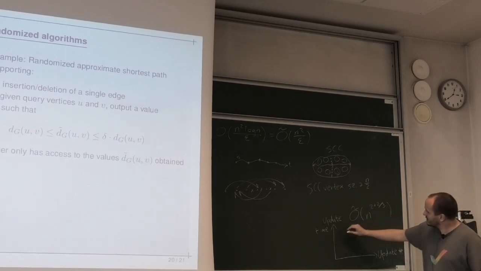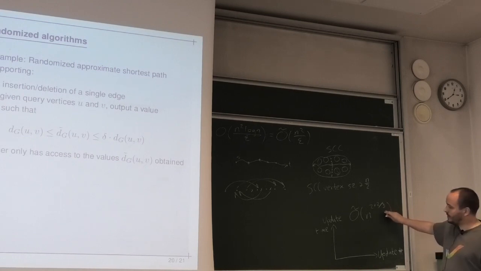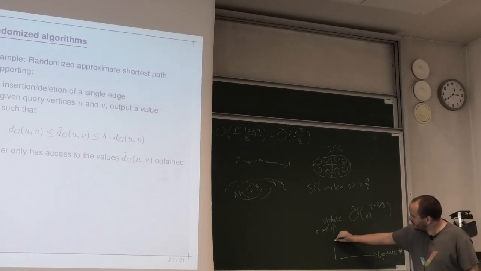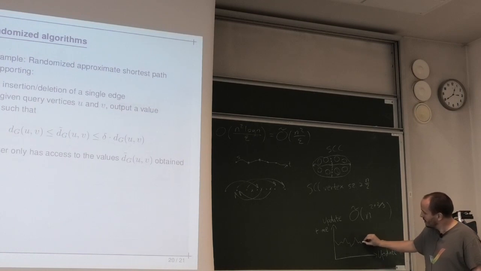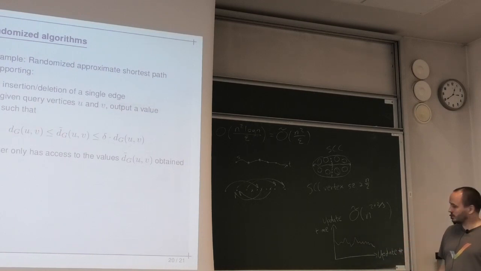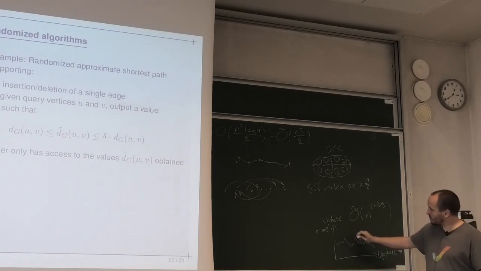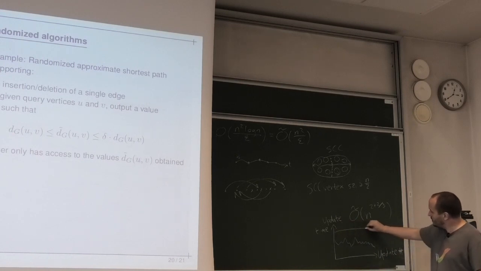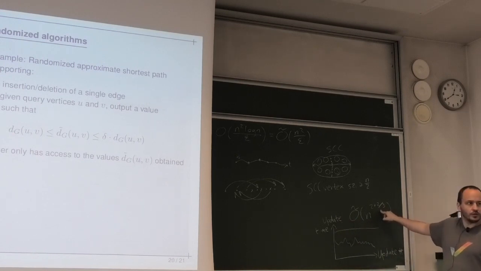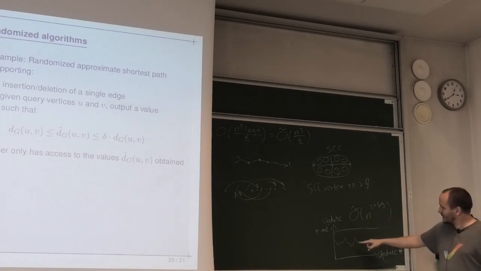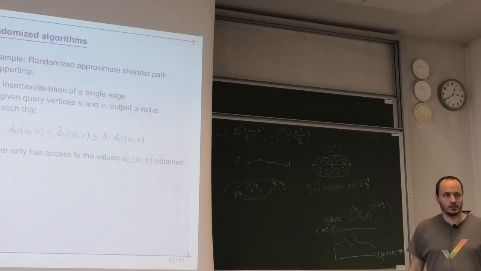Then we know there's some upper bound on the running time, but the actual running time might look like this, right? There's some noise here. Some updates are faster than others, but all of them stay below this threshold we have shown here. But this curve might reveal information about the random bits.